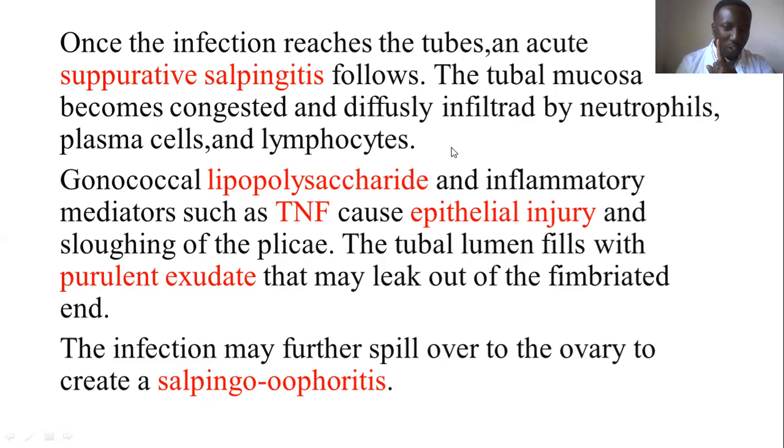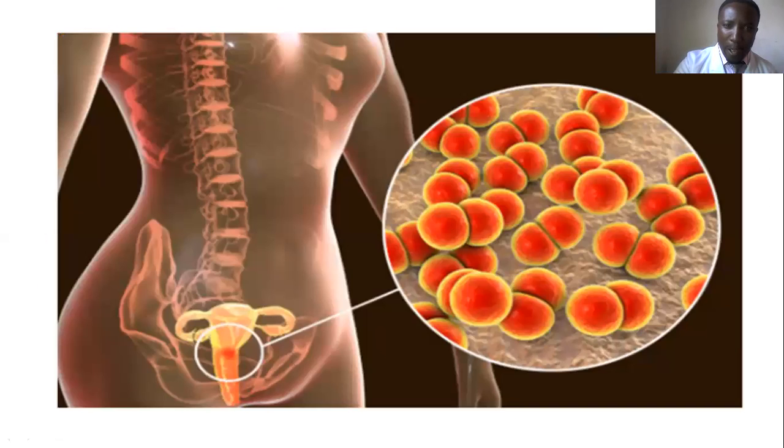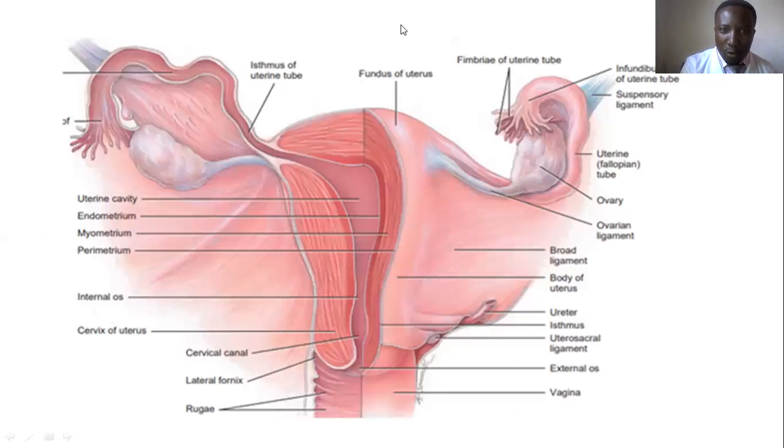Now, be careful, the tubal mucosa. When we mention the tubal mucosa, we are referring to the inner lining, the inner floor of the tube. Here we are able to see the lumen, or the inner lining of this fallopian tube.